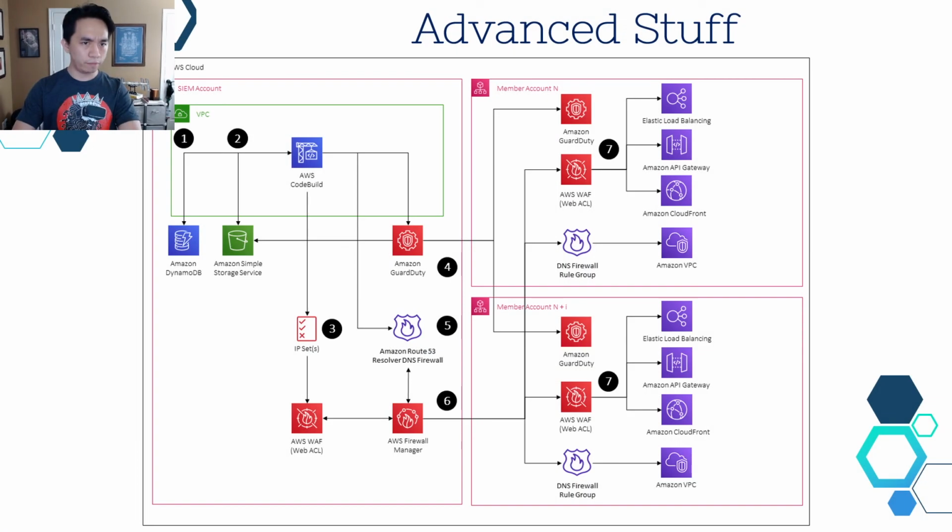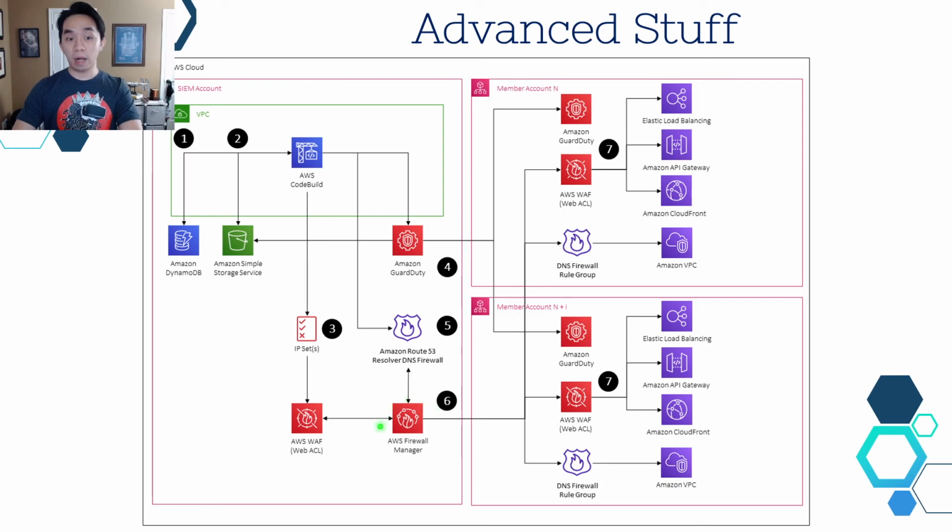Okay, this is a better view of it, right? So the domain IOC, or indicator of compromise, is written into this table in DynamoDB. Then we scan the table, we write it to a text file, and put it in the S3 bucket. DNS firewall will scan that file. Well, Cobio is doing it, calling the API to create a domain list, okay?